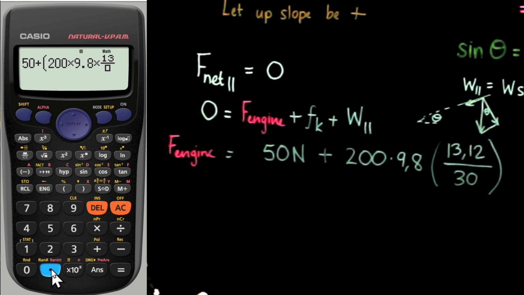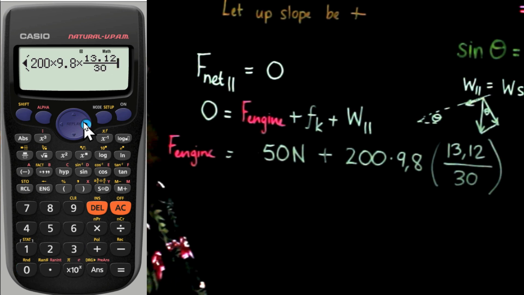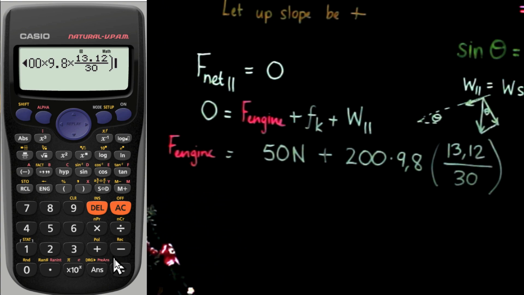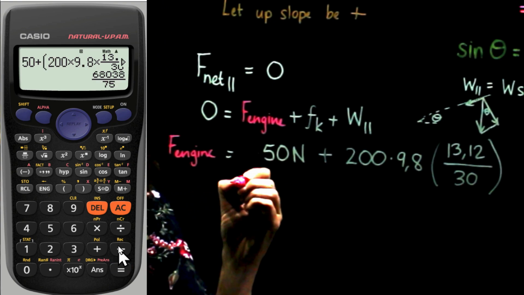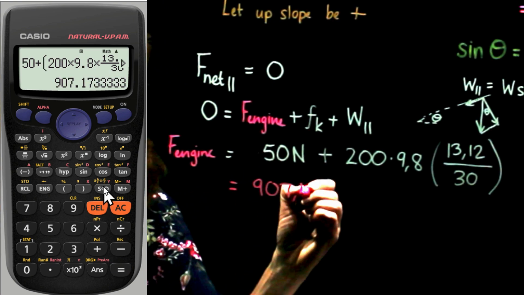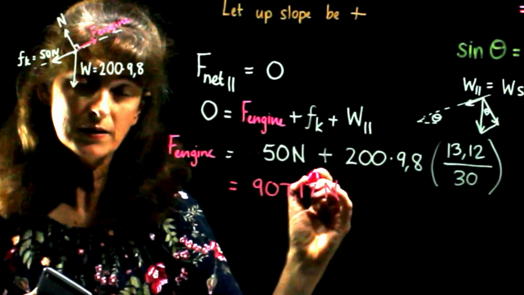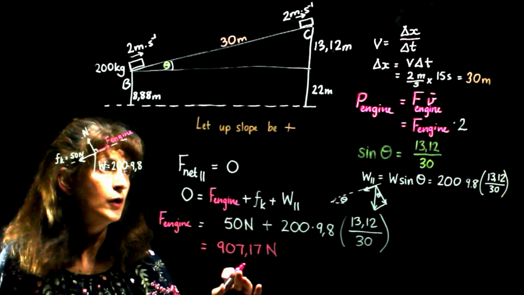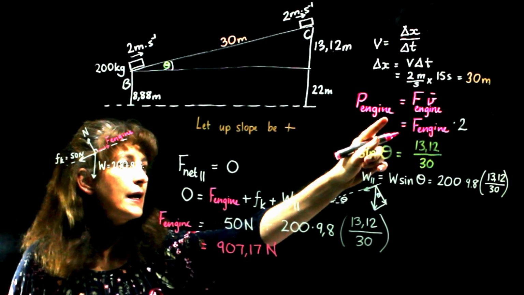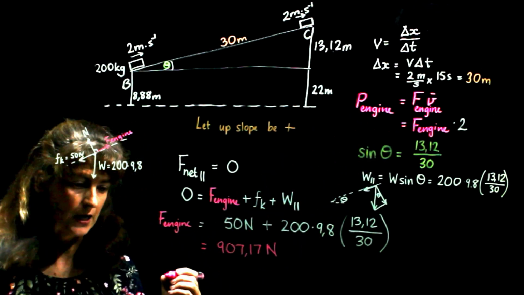Make sure that you go down to the bottom of the fraction on your calculator to divide by 30, and that gives us 907.17. What have we found here? F engine, measured in newtons. Was that what we were asked? No. We're trying to find out P engine, so we haven't finished yet.